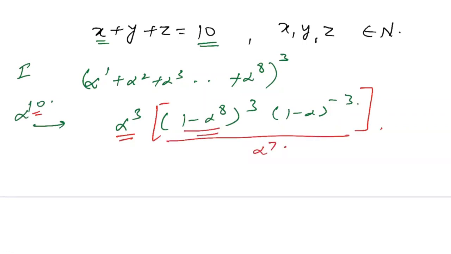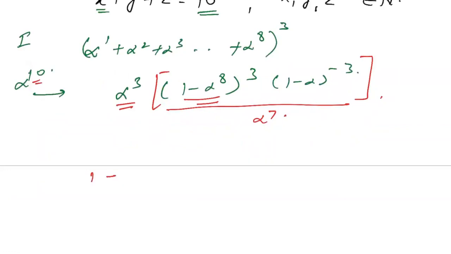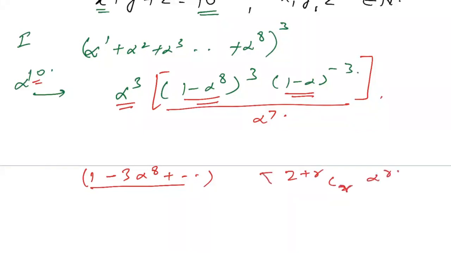In this expansion, we know that the first term will be 1, the second will be 3 alpha to the power 8, and all the terms are greater than alpha to the power 7. So we do not have to take the other terms of this. And the formula for this is (R+2)C2, or CR, alpha to the power R, summation of this.